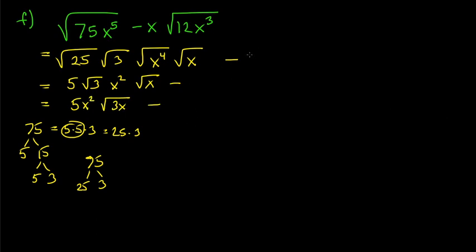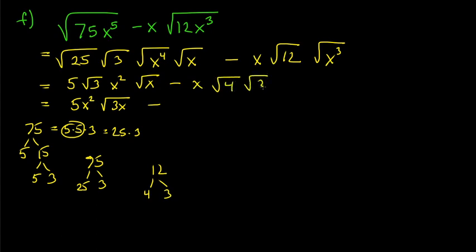Okay, so we're going to have x times the square root of 12 times the square root of x cubed. The 12, of course, is just 2 times 6, but those aren't perfect squares. Probably better to do 4 times 3, right? So we have minus x square root of 4 square root of 3, and then the square root of x cubed is the square root of x squared times the square root of x to the 1, right?